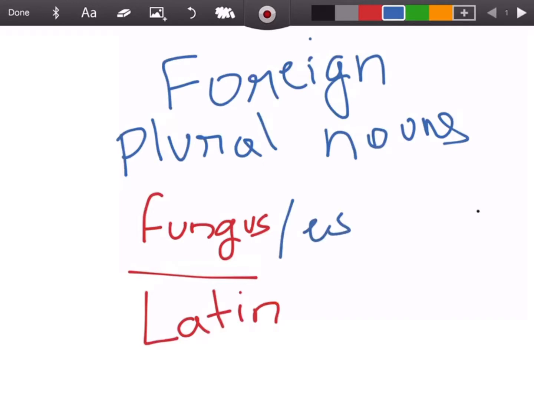But if we are talking to a scientist and he's talking about fungus, he will normally say fungi. If you have studied them your whole life, most scientists would say fungi, because that's the scientific way of saying it.